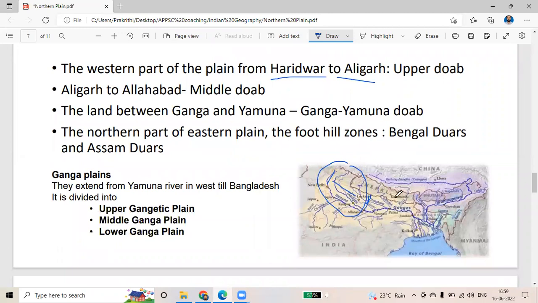Then from Aligarh to Allahabad, there is another Dwab that is known as the middle Dwab. So there is two Dwabs here.